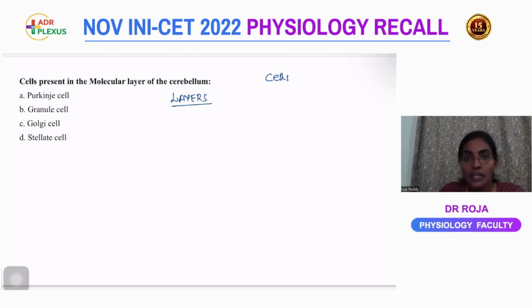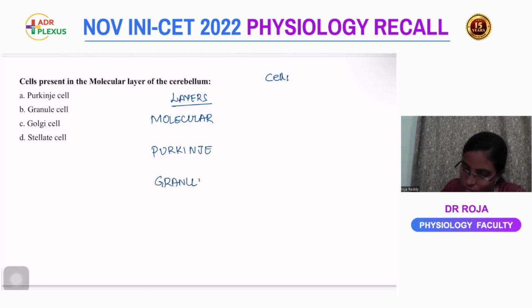So what are the various layers of the cerebellum? The outer molecular layer, and then we have the Purkinje cell layer, and then we have the granular cell layer.